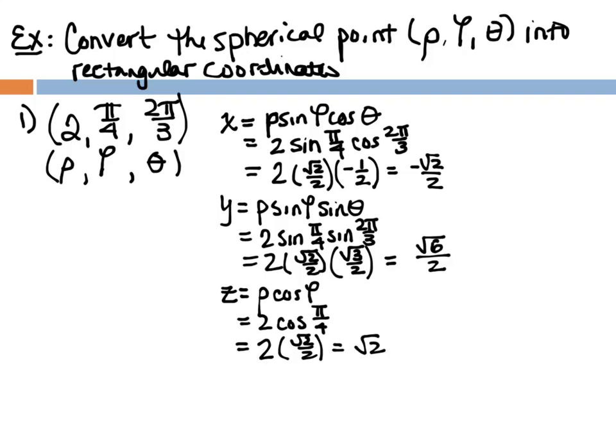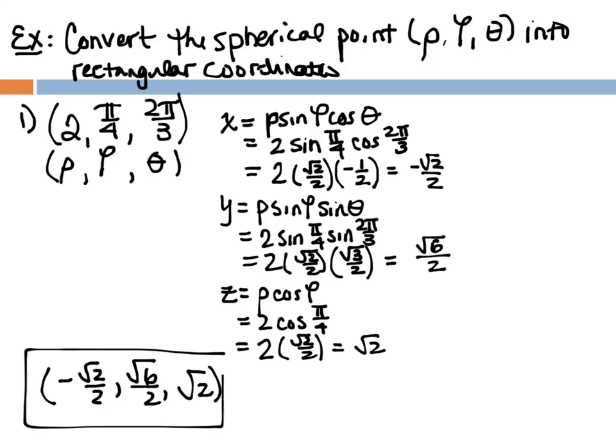So my ordered triple in the rectangular coordinate system would be negative square root 2 over 2, square root 6 over 2, and square root 2. This is just a glorified trig problem, right? That's really all this particular problem is. It's just some trig and unit circle stuff going on within the trig.